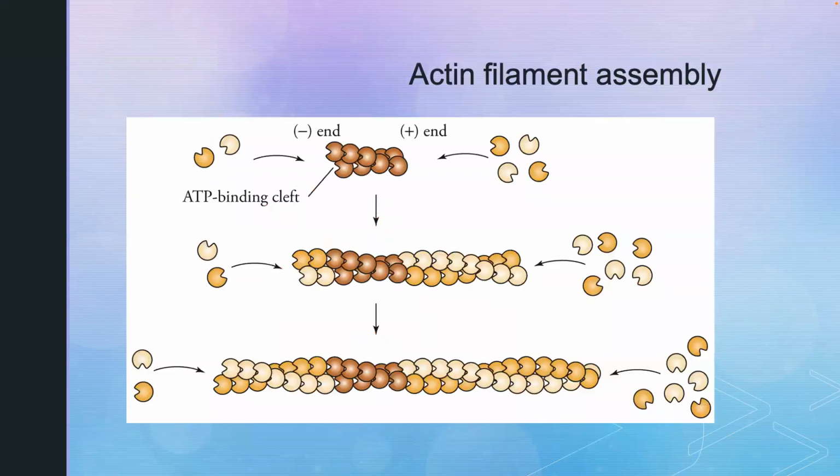An actin filament will grow as subunits are added to its ends, and subunits are usually added more rapidly at the plus end, which therefore grows faster than the negative end. You can see here the original segment is shown in dark, and at the positive end it grows a lot faster than down here at the negative end.